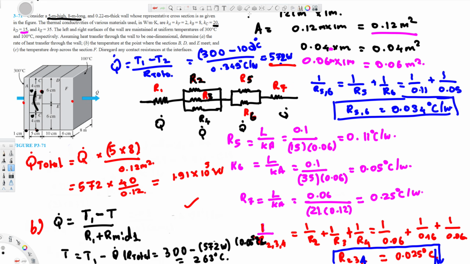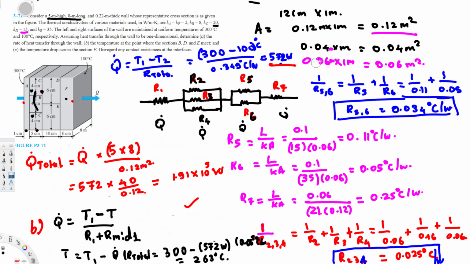Let's go ahead and do the third question. The third question is asking about the temperature drop across section F. So we have to find the temperature at this location. So let's see how we can find it.